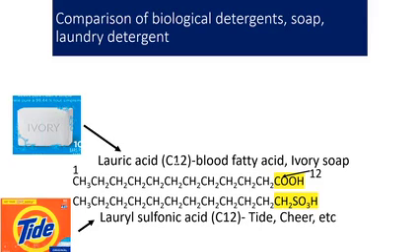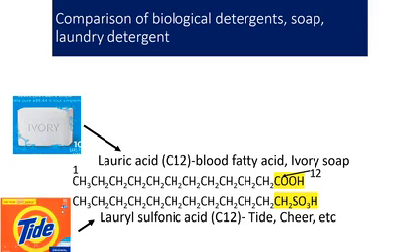Lauric acid has 12 carbons. You start down here, here's number 1, 2, down to the end, there's 12. And fatty acids like this can be converted to soap. And so that would be the main constituent of Ivory soap.